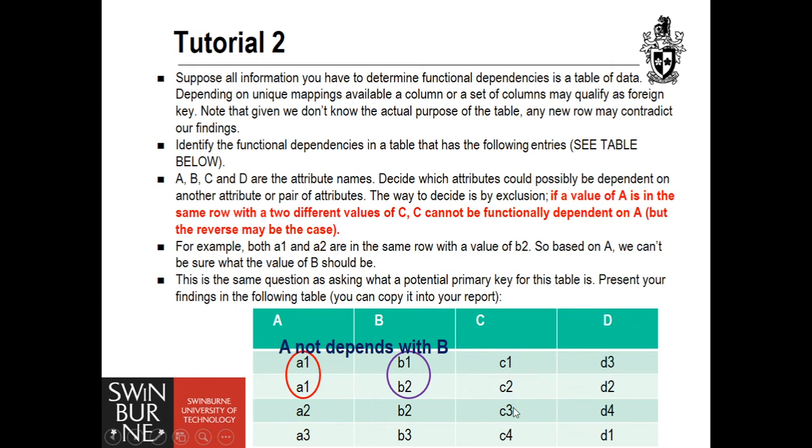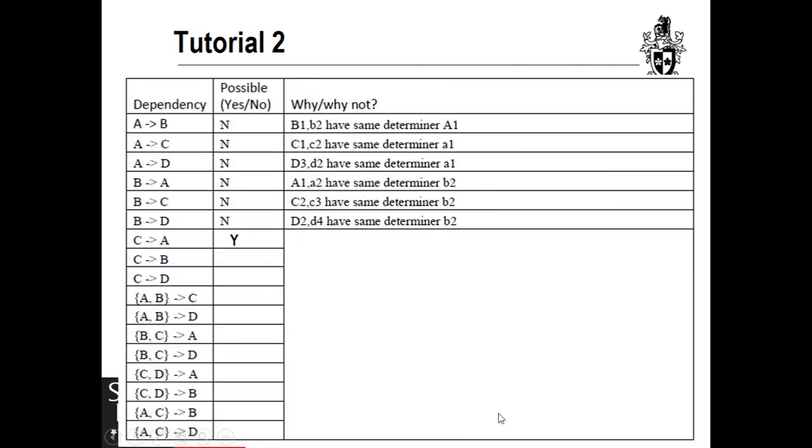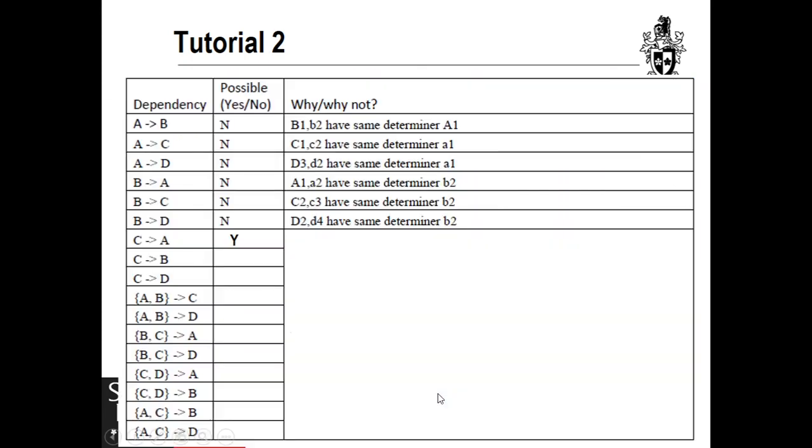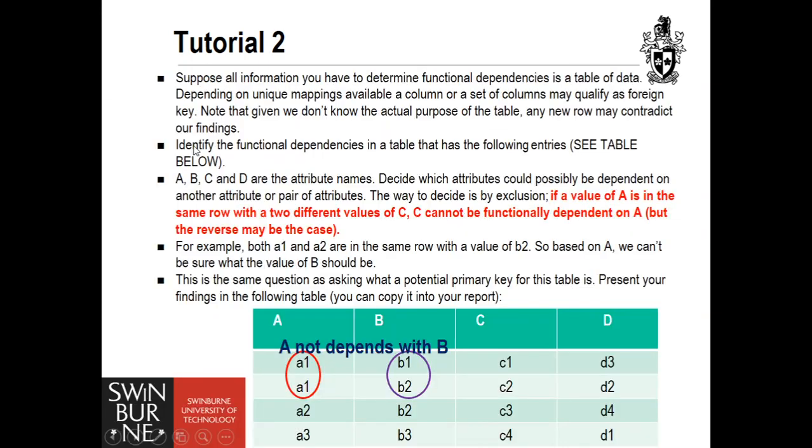So that means B does not depend on C. Okay, so that's why we check AB is no. How about AC? AC also no. Because the same value meets different values in C.